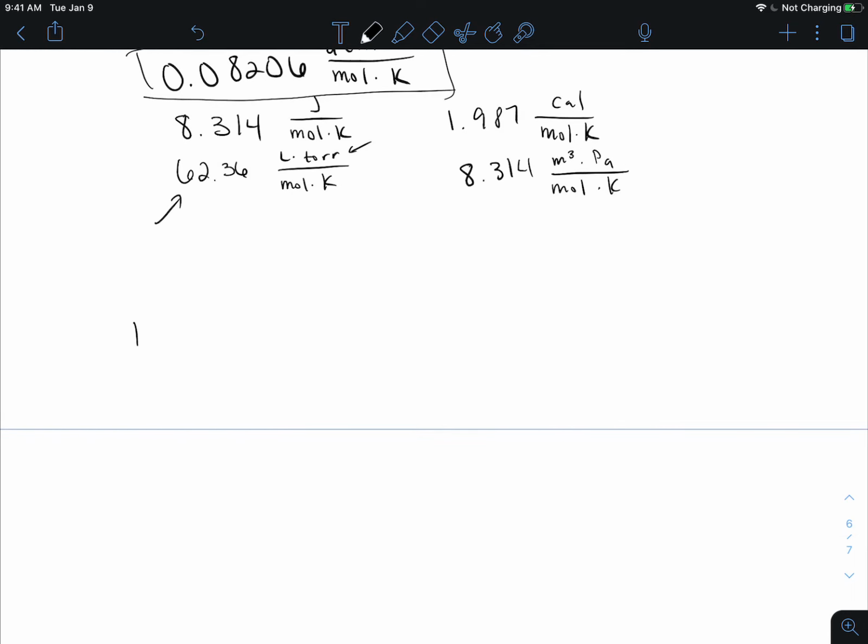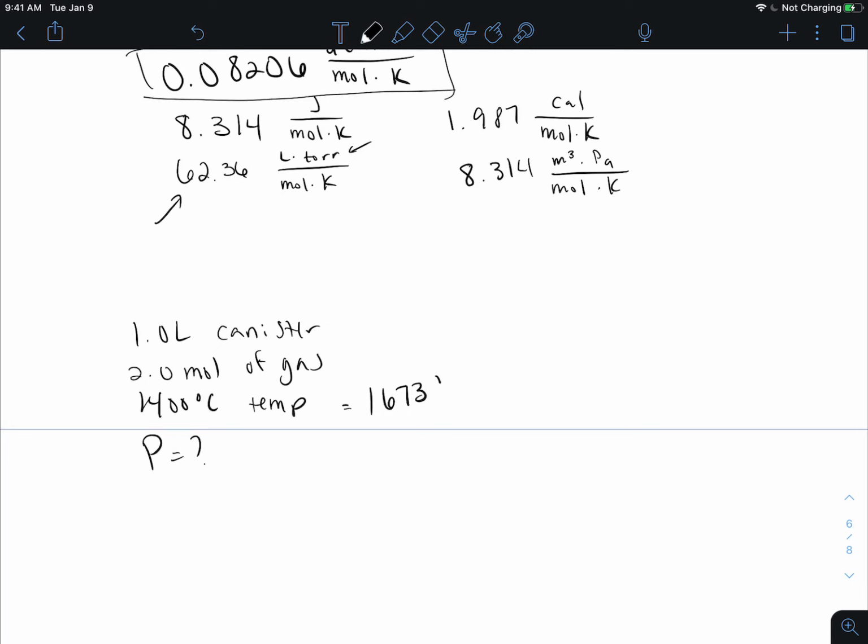If we have a 1.0 liter canister and it holds 2.0 moles of gas, and the campfire temperature is 1400 degrees Celsius, we want to know what the pressure is. So we throw it in PivNert. The only thing we need to change in this case is our temperature. Add 273, we get 1673 for our temperature. And then the rest of it can just go into PivNert.